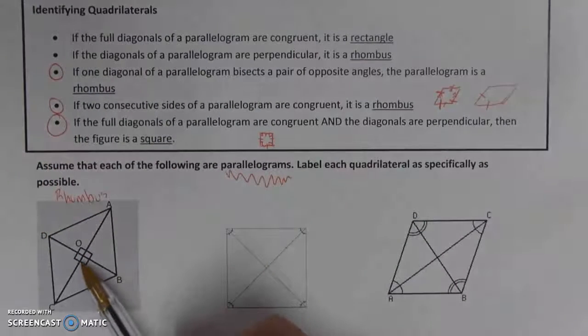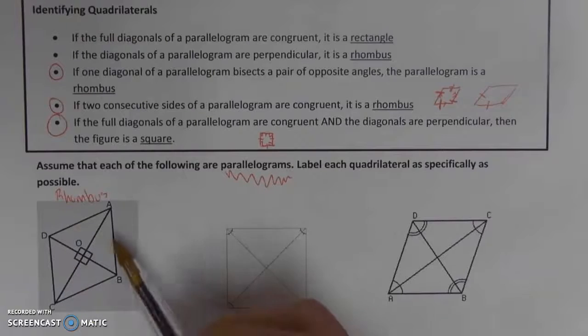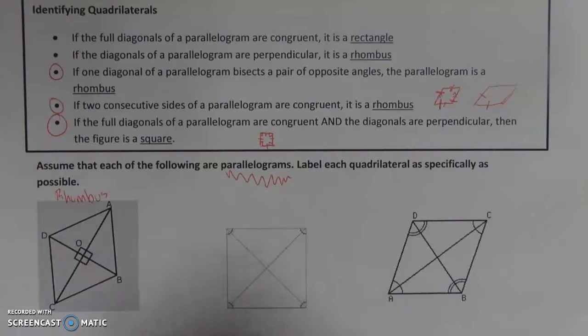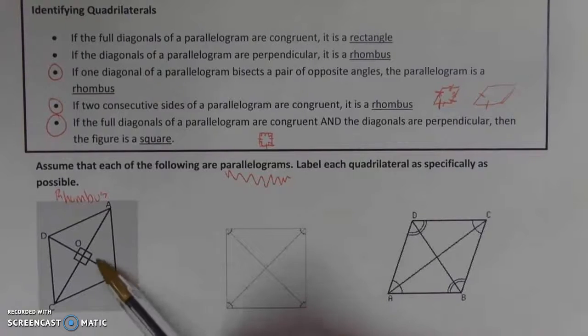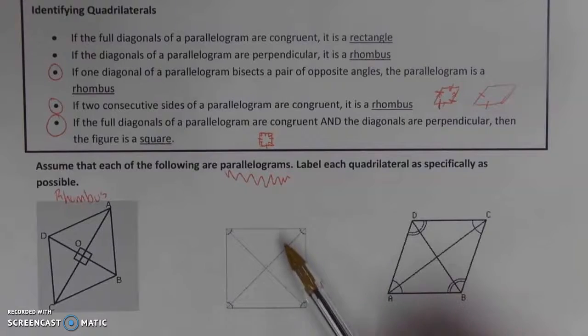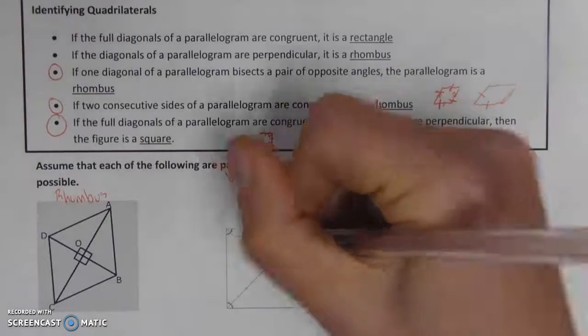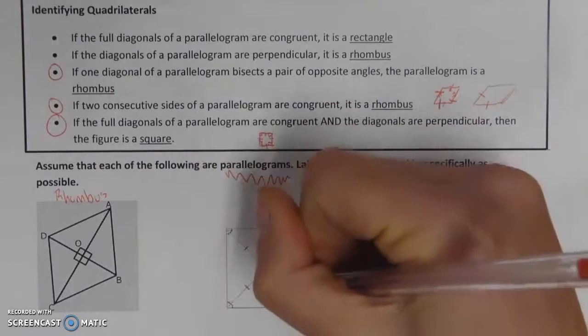Now I can't write square because I don't know that the diagonals are equal. And even though from the picture it looks like they are not, remember that you cannot trust a picture. It could very well be a square for all we know, because all we really know is that it's a parallelogram with perpendicular diagonals.